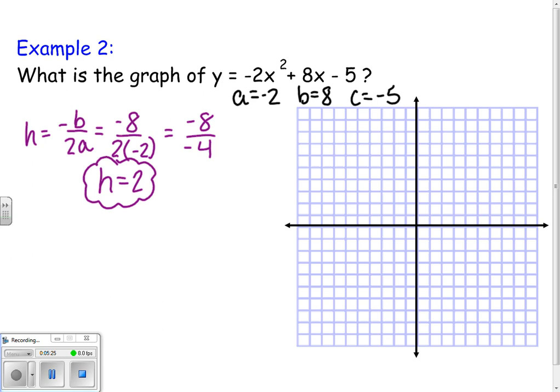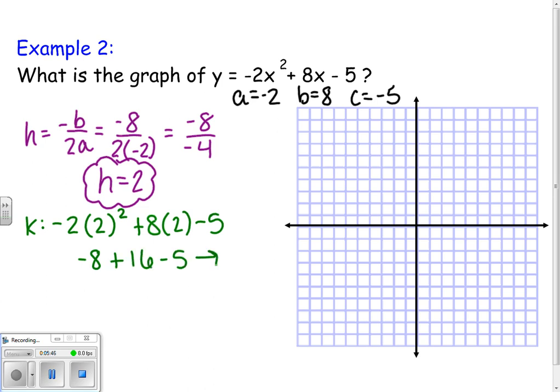To find k, I'm going to put that back into the original function everywhere that I see an x. So negative 2 times 2 squared plus 8 times 2 minus 5. 2 squared is 4 times negative 2 is negative 8. 8 times 2 is 16 minus 5. Again, use the calculator. You should get 3.